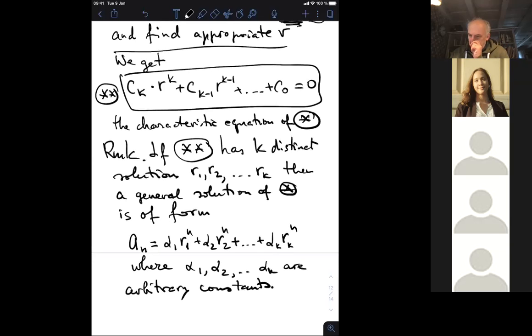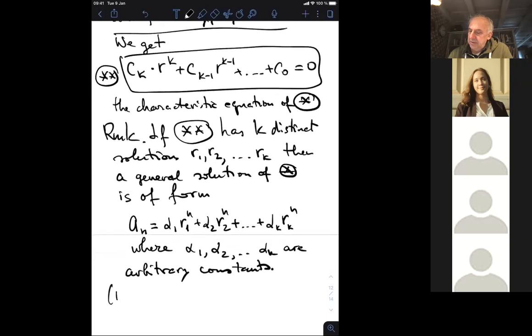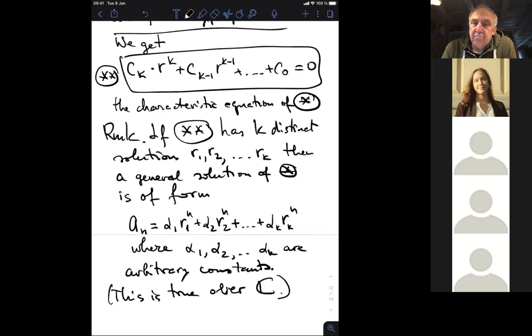There is a little problem with my remark, though, is that what I'm saying works over complex numbers. So this is true over complex numbers C. But in many cases, we'll be interested in real solutions to real recurrence relations.